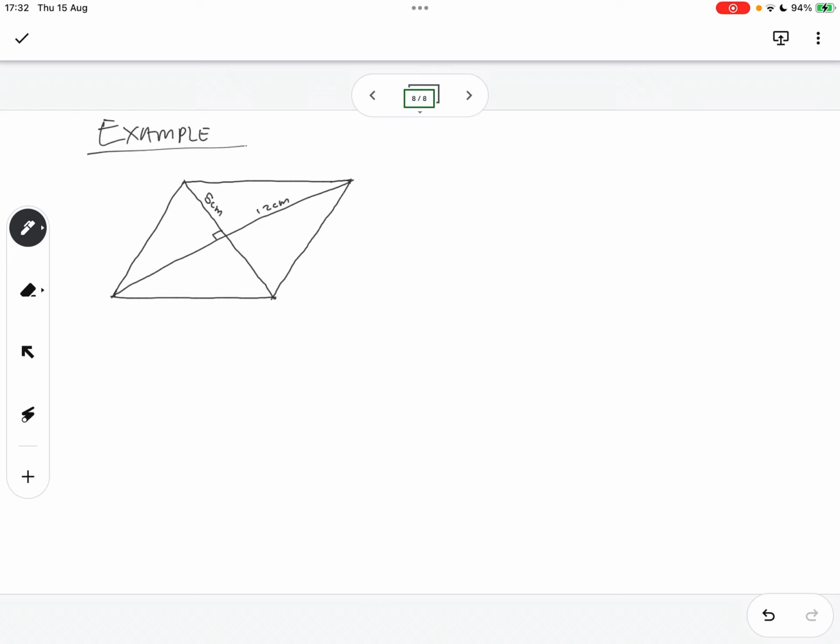Okay. And the base length, oh no, incorrect.